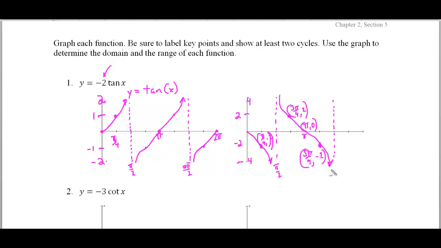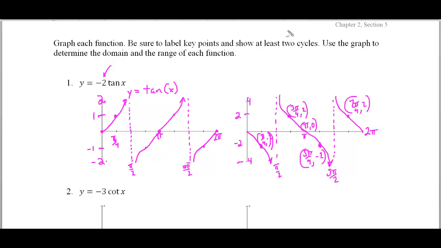And this is x equals 6 pi over 4, which is 3 pi over 2. And then up here, this graph will come from the top to 7 pi over 4, comma 2, and then 8 pi over 4, which is the same thing as 2 pi. So there is our tangent graph.